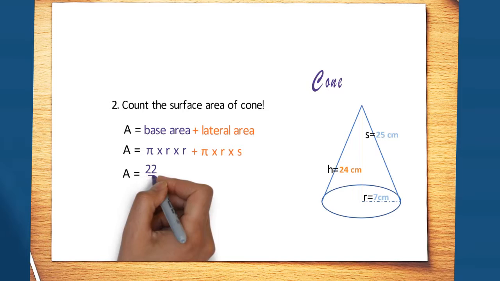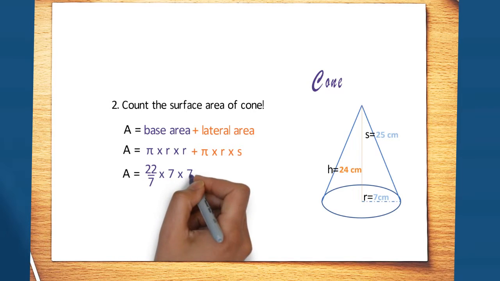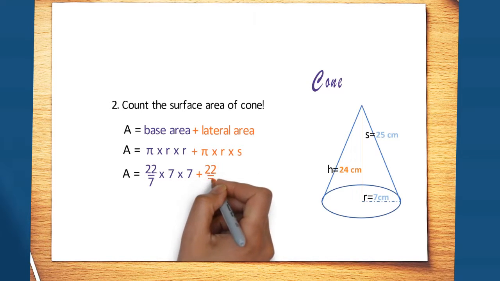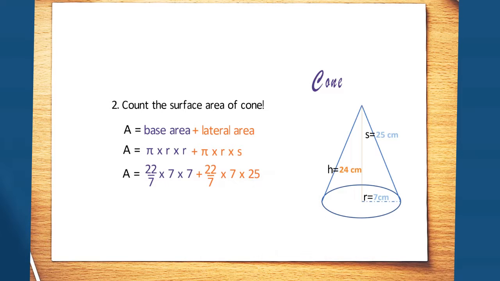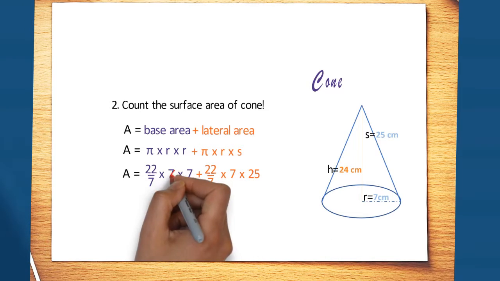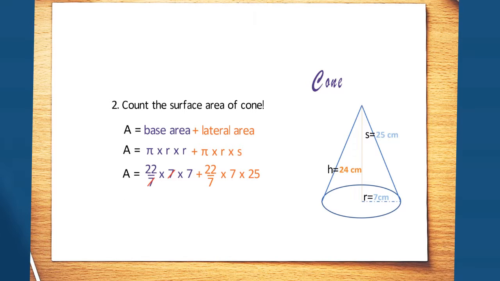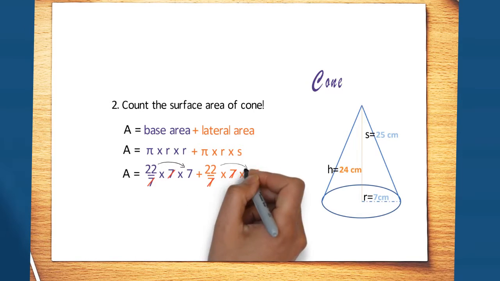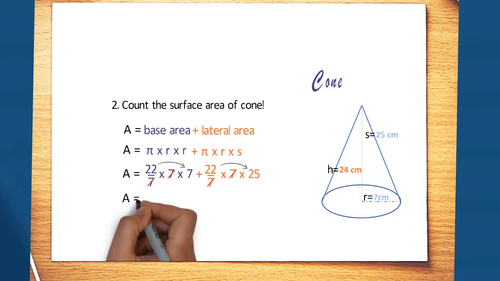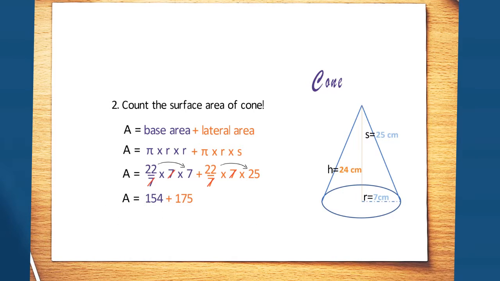Now we get 22/7 times 7 times 7 plus 22/7 times 7 times 25. Let's divide 7 by 7 and 7 by 7, which is equal to 1. Now let's multiply 22 by 7 and 22 by 25, and we get 154 plus 175, and the final result is 329 centimeters squared.